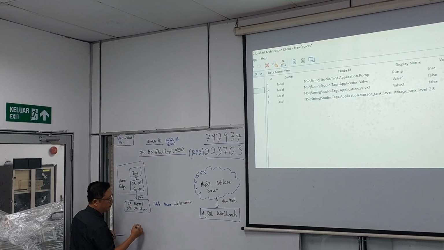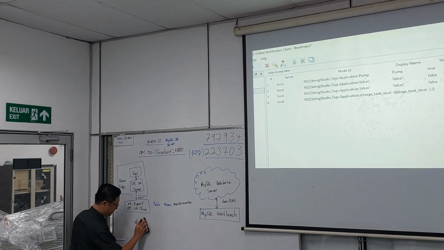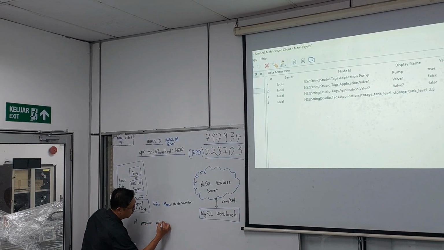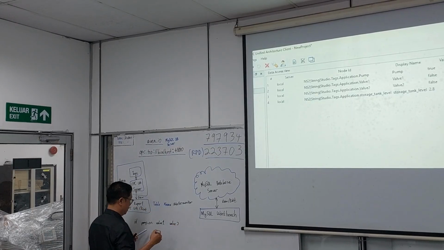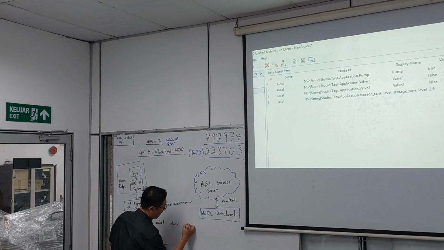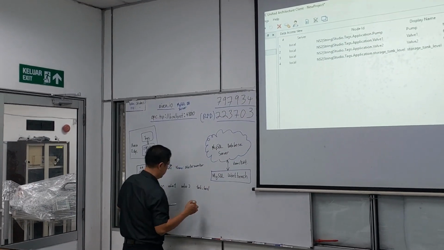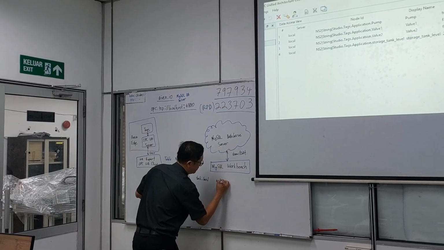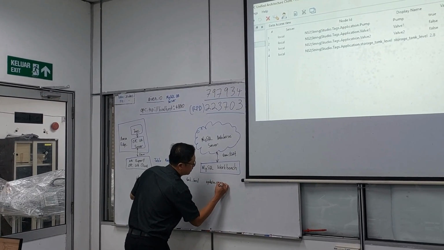Then inside the table we have ID, then we have pump_on, valve_1, valve_2, then tank_level, then also update_PC.